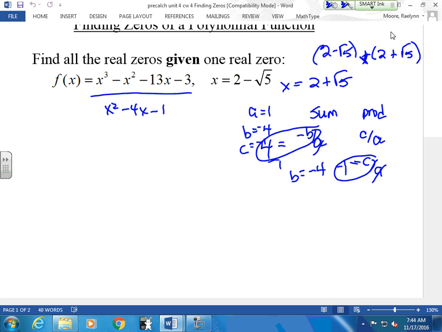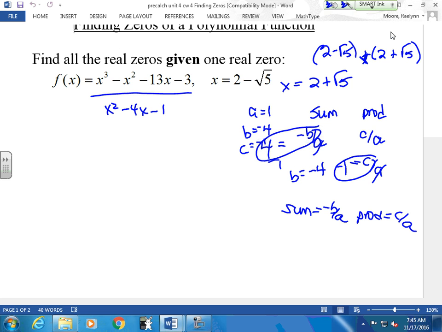We took the sum; these are your two formulas. We took the sum of these two roots, these conjugate pairs, and found the sum to be 4 because the radicals go away. I set it equal to negative b over a.